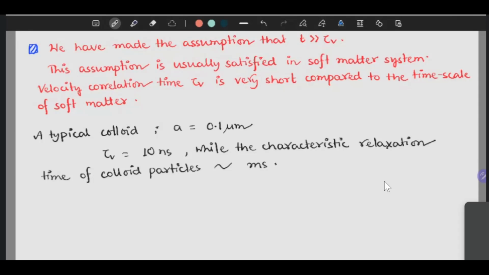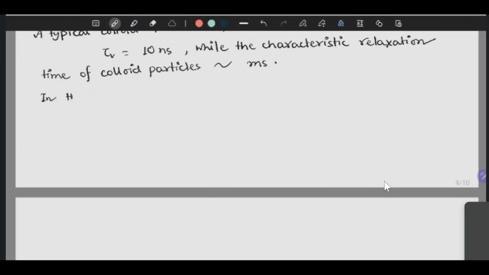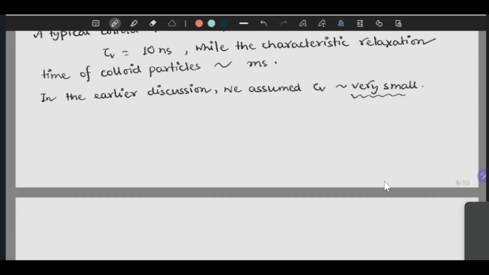That's why in the previous descriptions we assumed that tau v is very small, infinitesimally small.